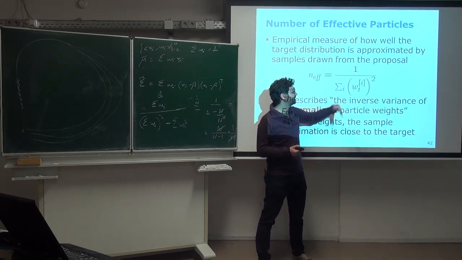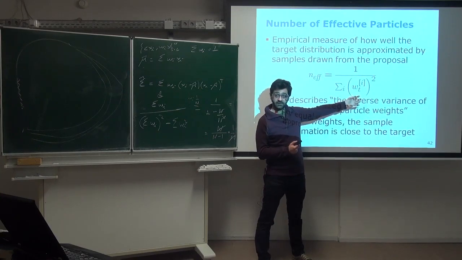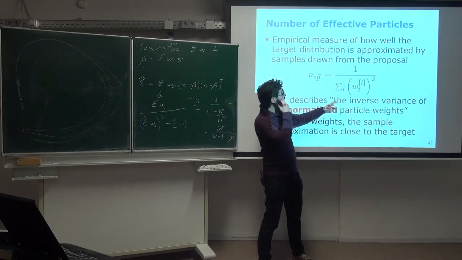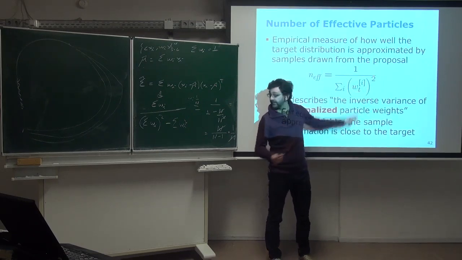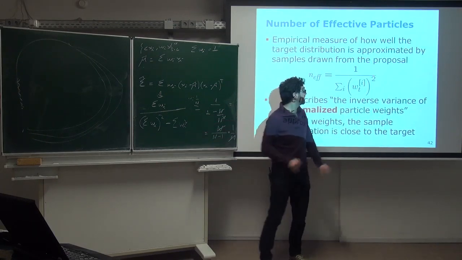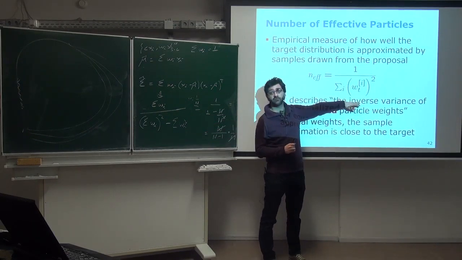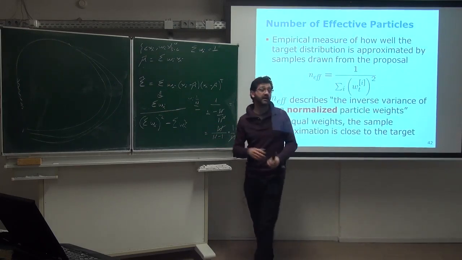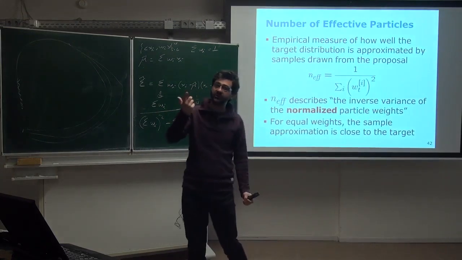We take the square of it, and then it gets even smaller, and then we do the sum of this, and as we've seen, this will be n divided by n squared, and then we simplify, and basically it's equal to n. So it tells us that if the weights are the same, this is actually equal to n.